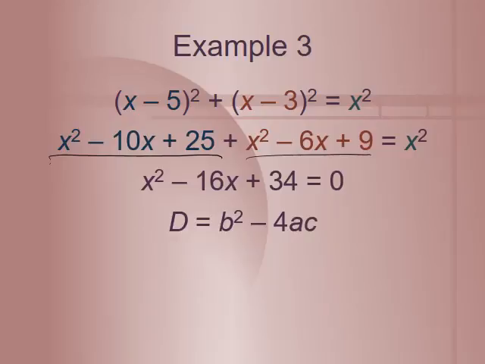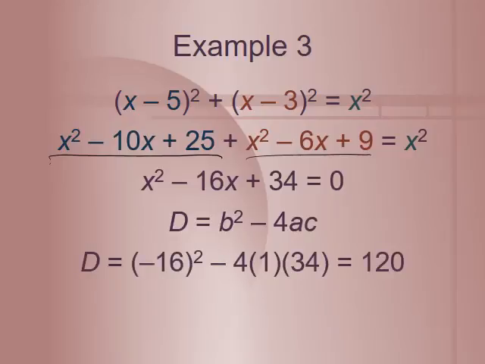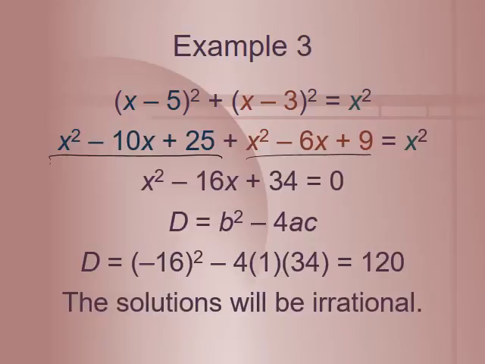And our discriminant then is 120. That is greater than 0, but it's not a perfect square. So that means the solutions will be irrational. There will be two solutions, but they'll be irrational, meaning they're going to have a radical in the answer.